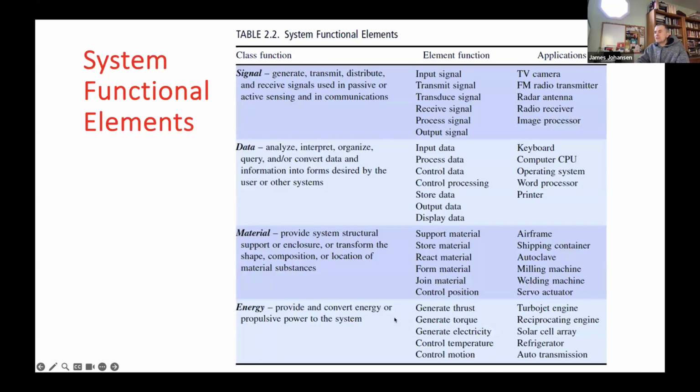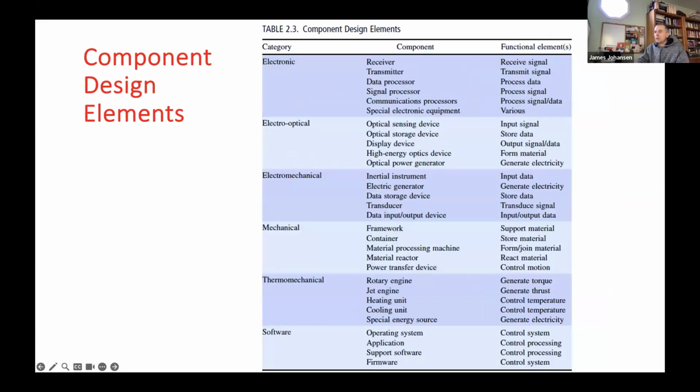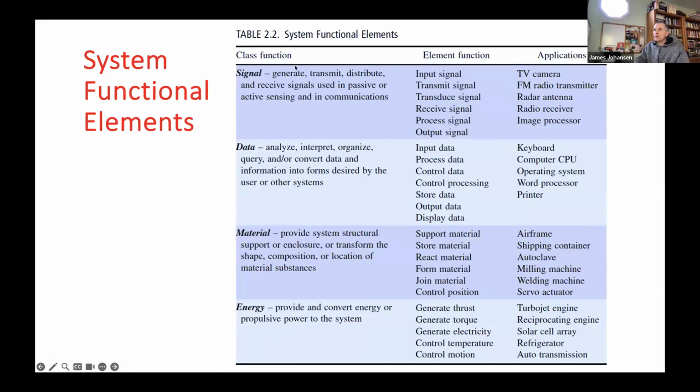So this gets into more details, and I won't go over this in as much detail, but from the textbook, the process converges onto a set of 23 functional elements, 5 or 6 in each class. These are listed in this table. And we have another related table over here, but first of all, here are these classes of functions: signal, data, material, and energy.